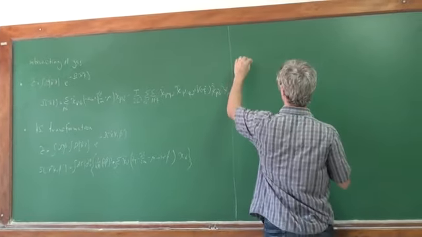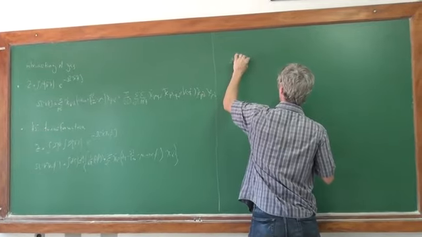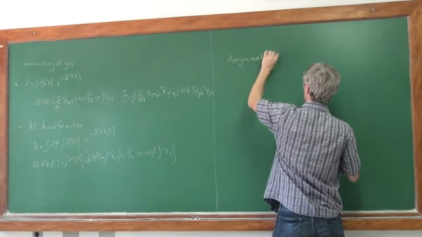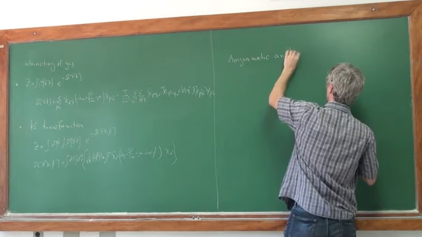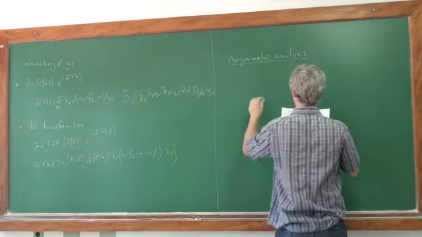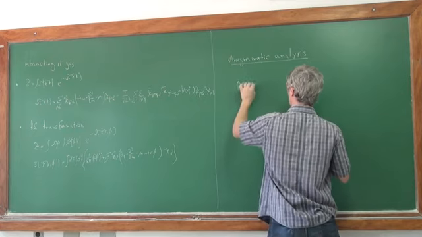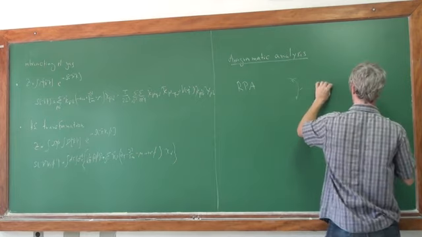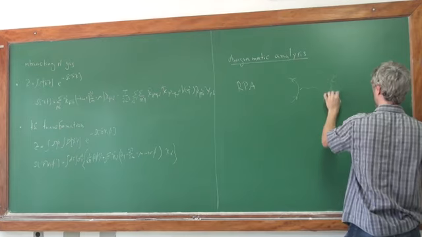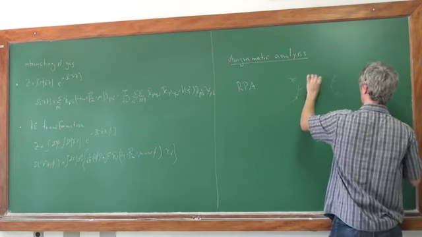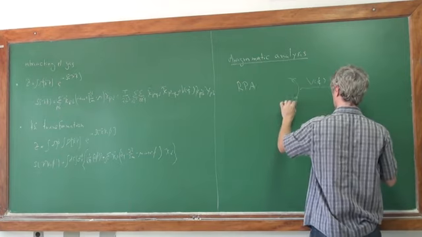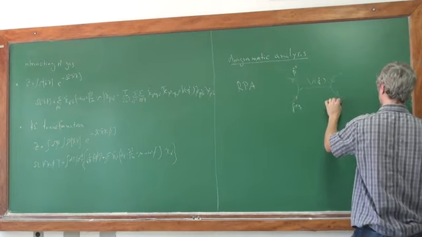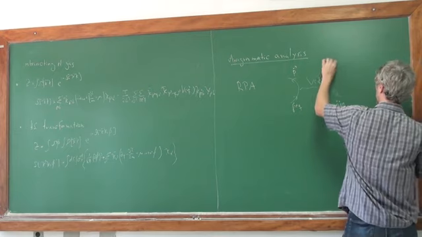So let me write down some more comments here. From the diagrammatic analysis, we found that the RPA approximation is a good approximation in the large density limit, where the building blocks for the diagrams that we drew could all be made up out of these types of diagrams.